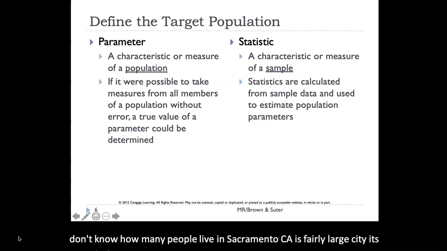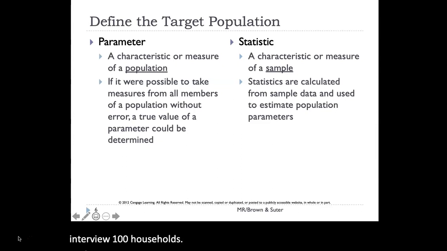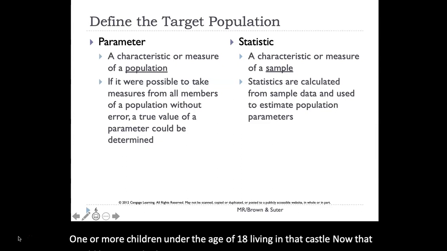But Sacramento, let's say we go out and we interview 100 households with the stipulation of one or more children under the age of 18 living in that household. That would be a sample. That 100 households would be a sample.